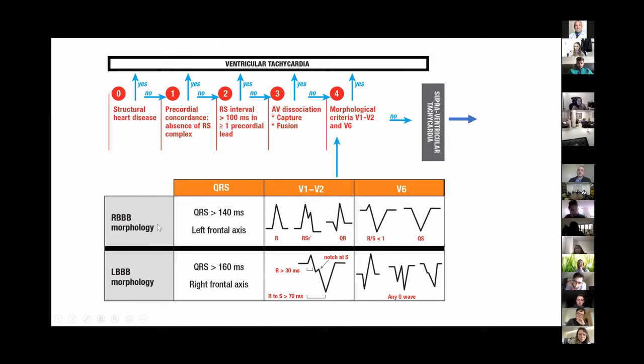Because the way to divide wide complex tachycardias that you're unsure about is based on the appearance of the morphology in V1 and V6. You can divide them into the ones that have more of a right bundleoid morphology, or the other ones that have more of a left bundleoid, right?